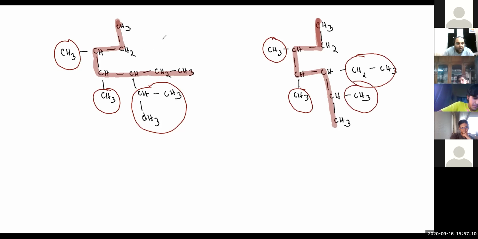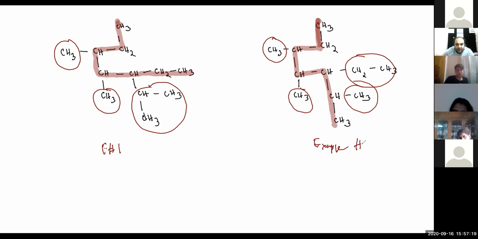So which parent chain will you take, example 1 or example 2? Example 2, very good, because it has more number of branches. Sir, that means if the exam gives us this molecule and asks us to name it, we will name example 2? Exactly, you'll name example 2.